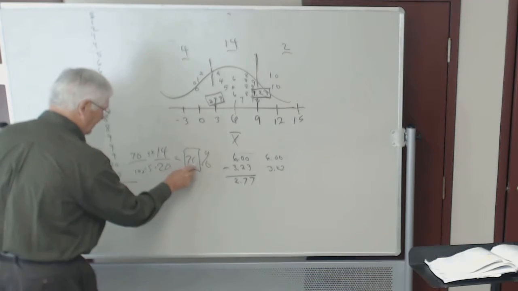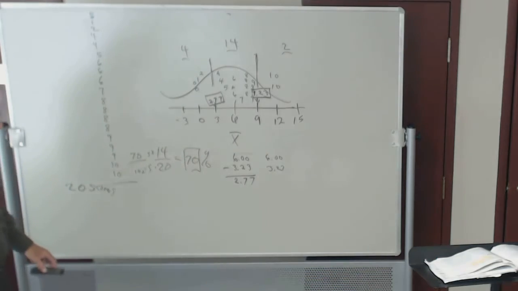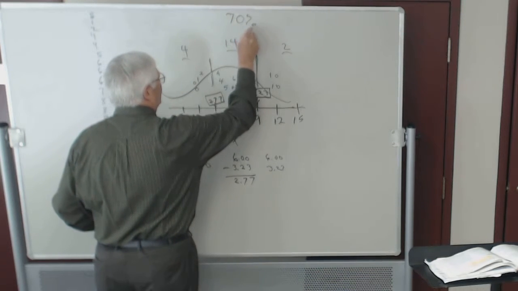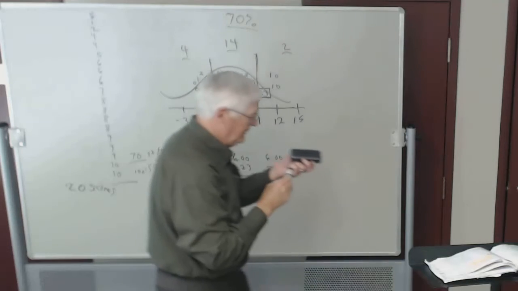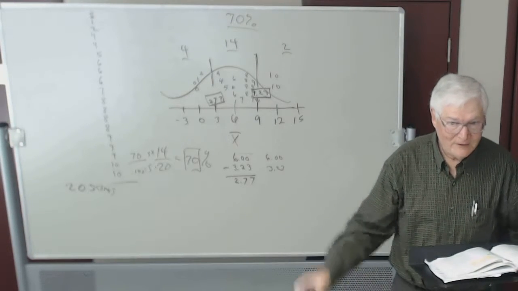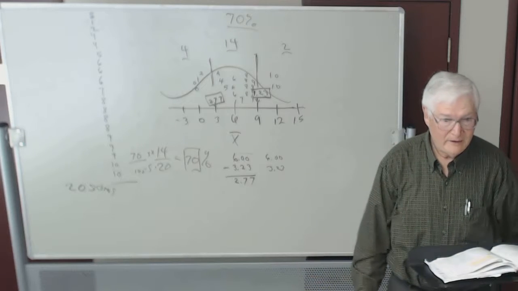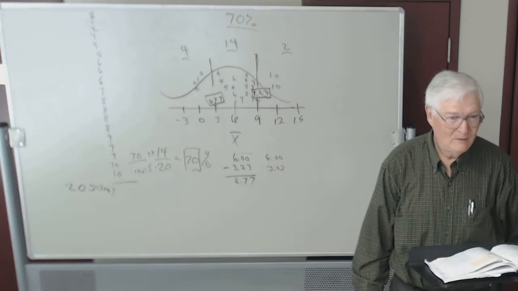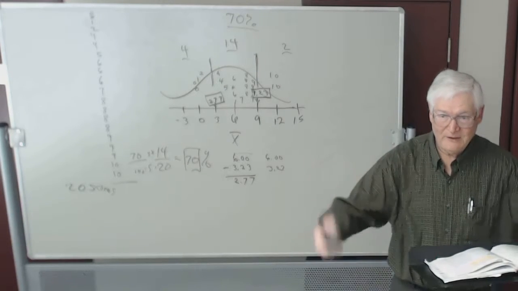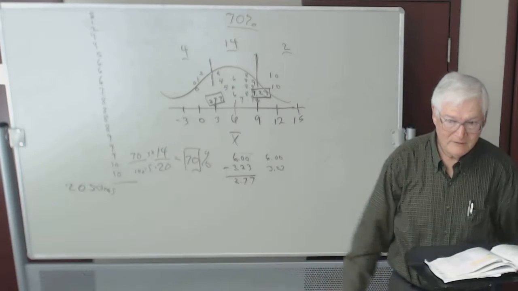So that would be 70%, wouldn't it? So 70% of the scores are within one standard deviation of the mean. That's pretty close to that normal curve where 33 and 33, 66 or 67% of them are within one standard deviation of the mean.